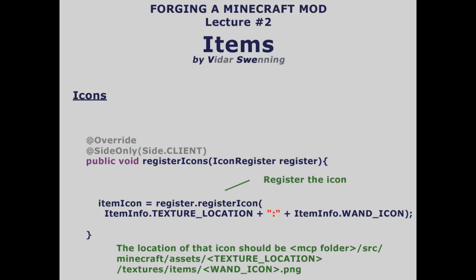And then we have the name, which is not like wand.png, it is just wand, just the name, not the extension. So for instance, we will put it here in the MCP folder, source, Minecraft, assets, texture location, textures, items, and then the icon png. So in our example, that would give us Steve's example/source/Minecraft/assets/example/textures/items/wand.png.